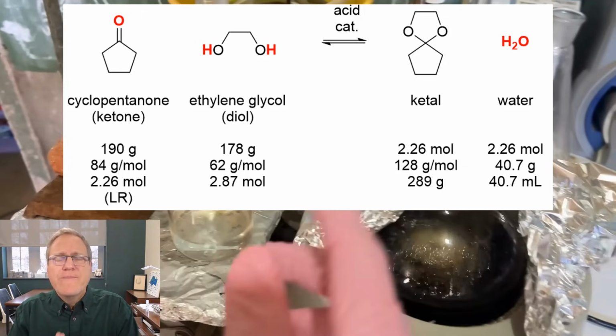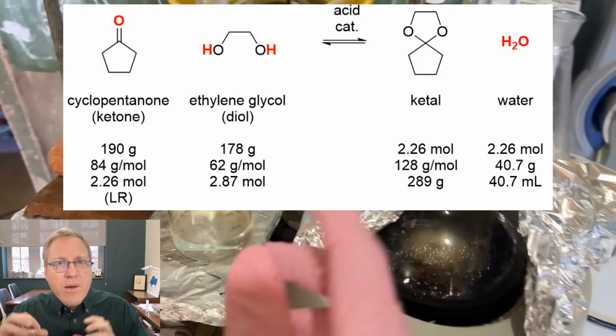So he knows that he started with 190 grams of his cyclopentanone, his ketone, and he had 178 grams of ethylene glycol. Well, if you go through the math, the molecular weights, how many moles are those? As it turns out, he has 2.26 moles of his cyclopentanone and about 2.87 moles of his ethylene glycol.